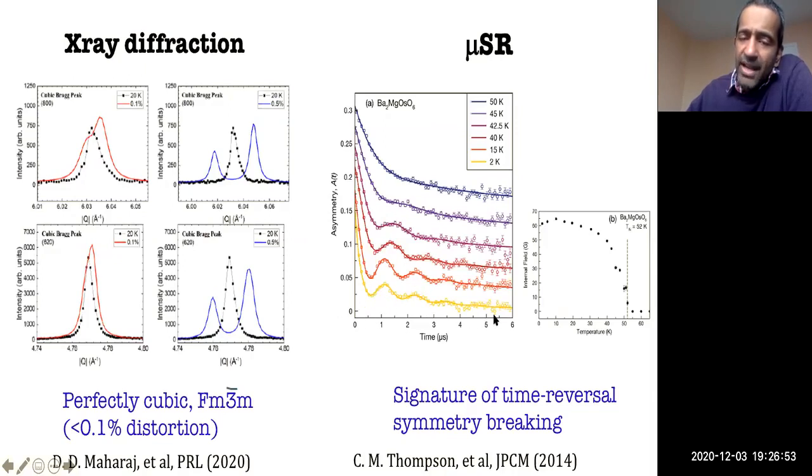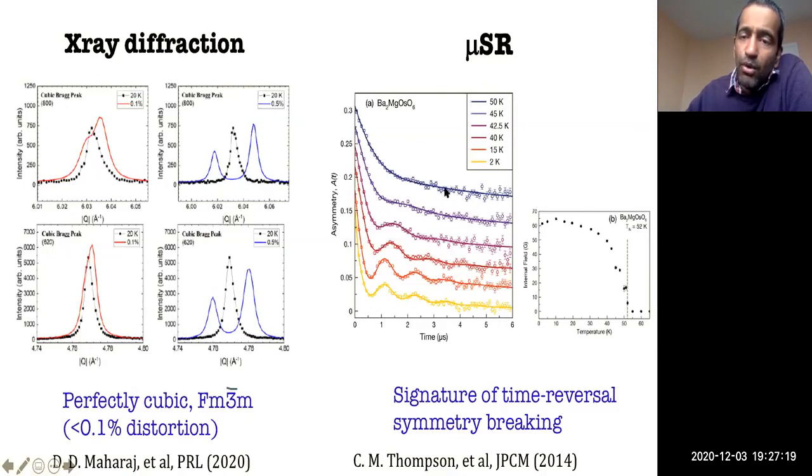And as a function of time, because this muon is precessing, if you look at your signal forward versus backward, you see that there will be some oscillations which signify breaking of time reversal symmetry. At high temperatures, this is all random fluctuations, and you end up just getting a decay of the signal.